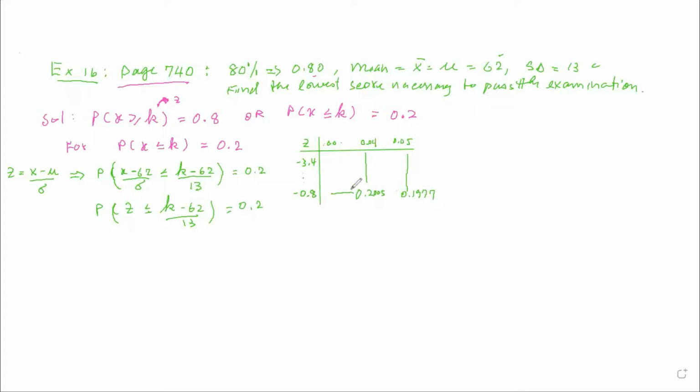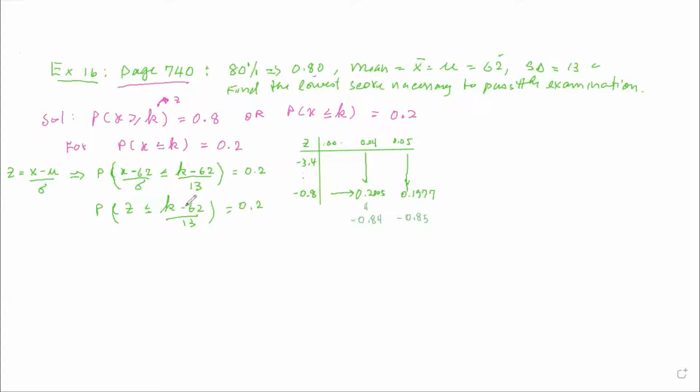So that means the Z-score negative 0.84 gives 0.2005, and negative 0.85 gives 0.1977. So you use the ratio formula we did in the previous example to get the value of K.